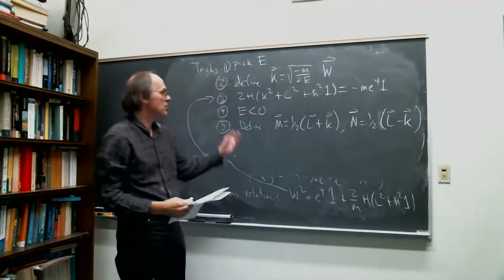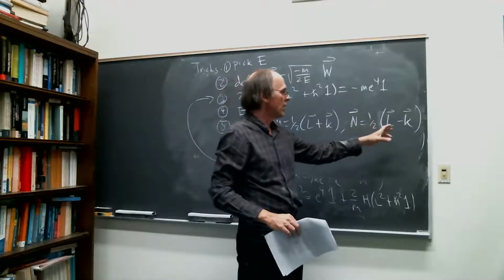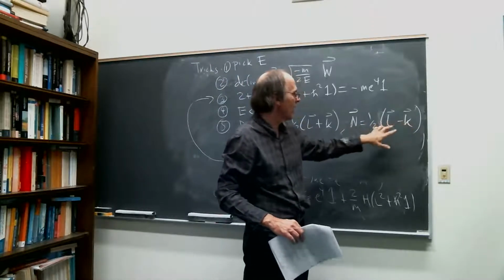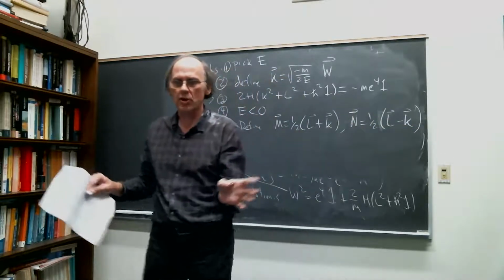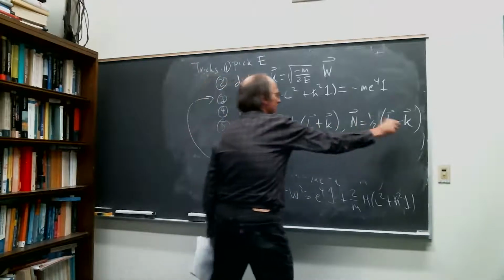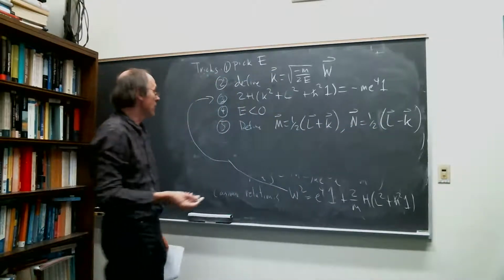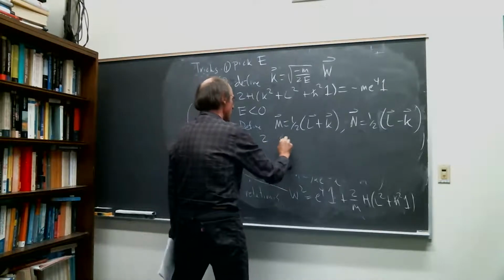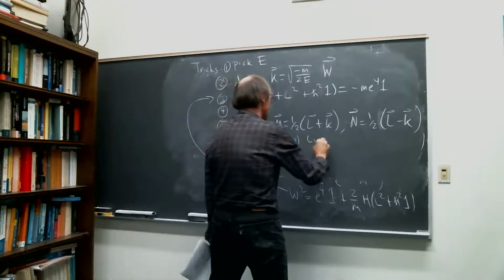And then your problem was that if you took Poisson brackets of L and K, they weren't 0. The L and K didn't Poisson commute. But if you do this, then M and N will Poisson commute, and you get two so3 Lie algebras.